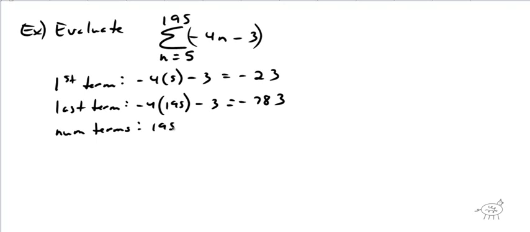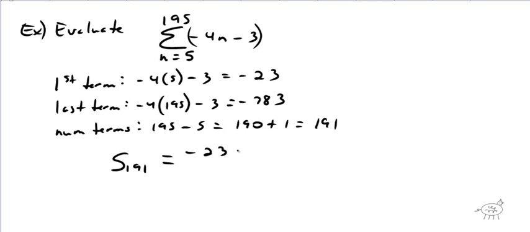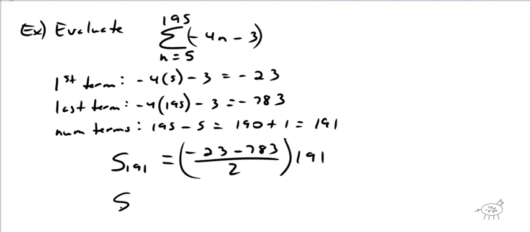It's 195 minus 5, which is 190, but you've got to add 1, so it's 191. So the sum of 191 terms is the first term plus the last term, in this case negative 783, divided by 2 times the number of terms. If you do all that, you get S sub 191 is equal to negative 76,973. Not bad. All of these have been arithmetic.